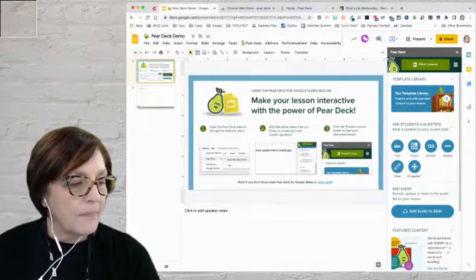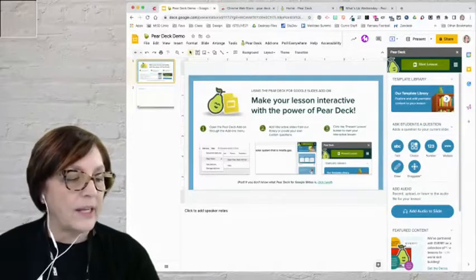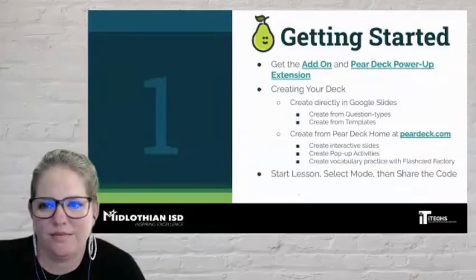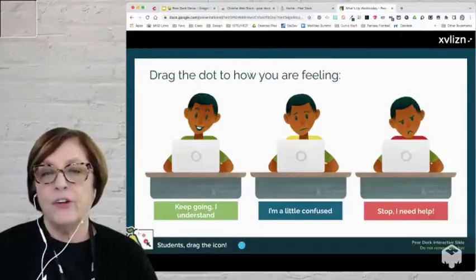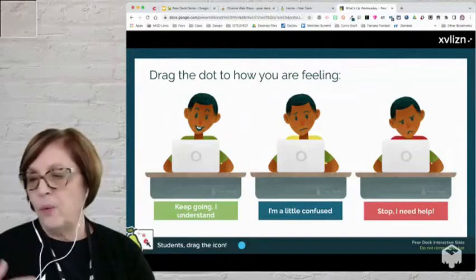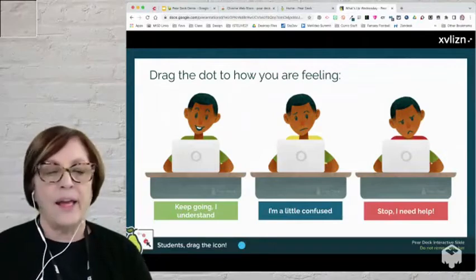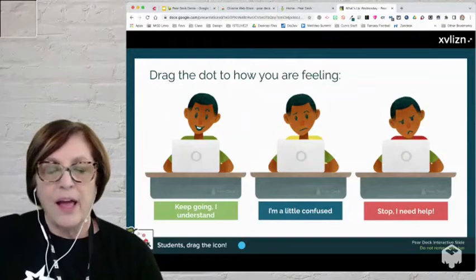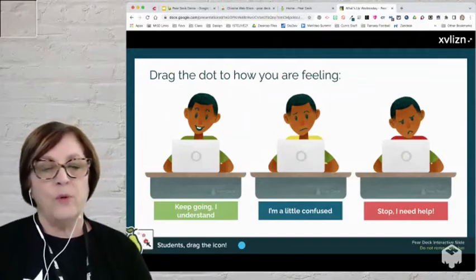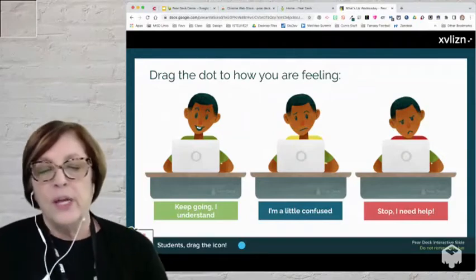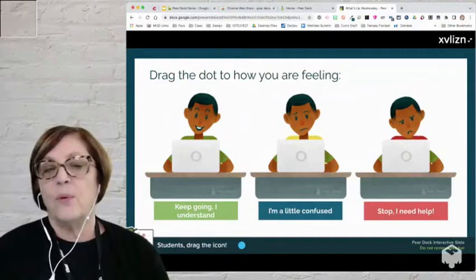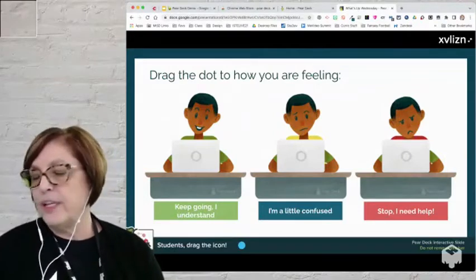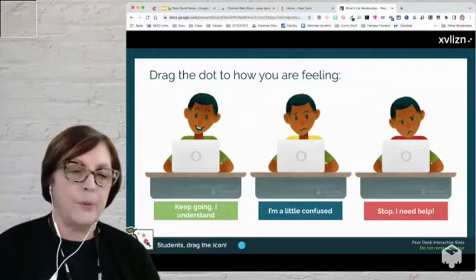So now that we've taken a quick look at Pear Deck, I want to just show you what it would look like for your students. We would go through some slides and then it would come up to a slide that's interactive, where you would really want your students to do something or respond. This particular slide is really just to take a temperature of where everybody is.